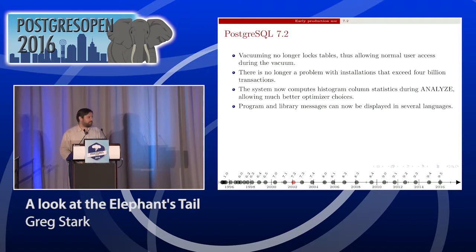That was not ideal, but it was seen as a manageable thing to work with for hobbyist projects, data analysis, personal websites. Businesses had websites, but this was already 2002. So at this point, this was no longer viable, and the pressure was on to solve this problem that vacuum caused an outage on your database.